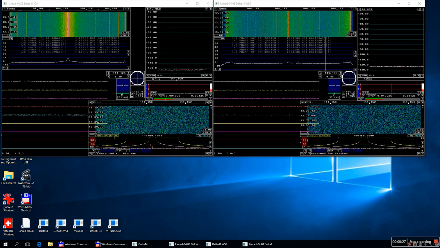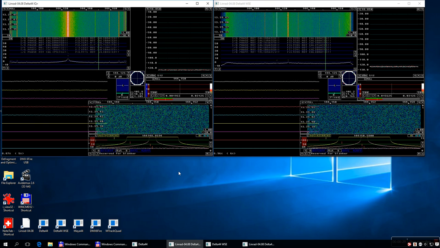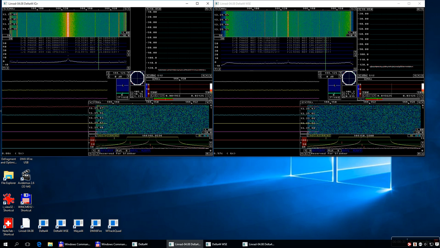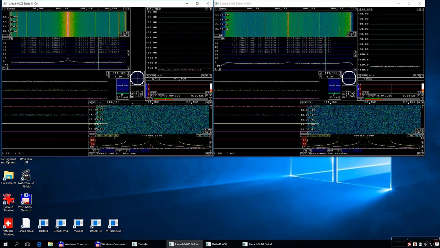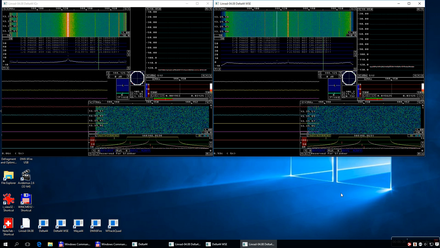You can see if I click here and center on 144.150, like that for both.